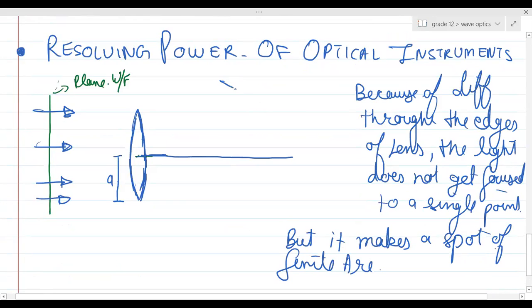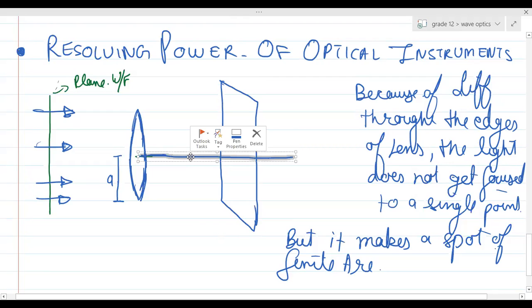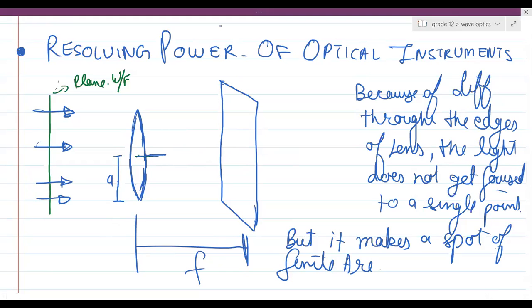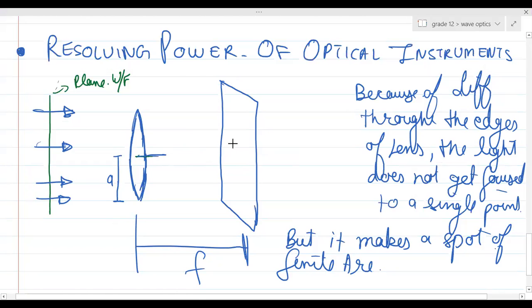So basically, what is happening? Suppose I have placed a screen in front of it. Then on this screen you will not get a point image, even if it is placed at the focal length. Instead you will get a spot of finite area. So how will the pattern look? It will look something like this.